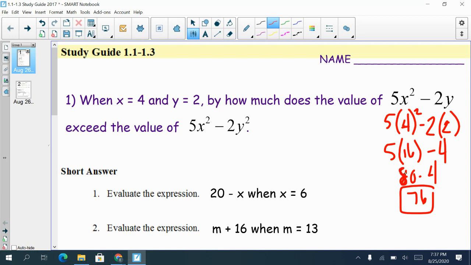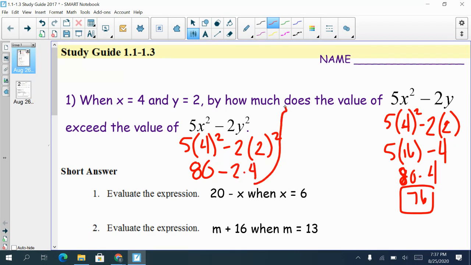All right, let's try this other one. If I plug in 5 times 4 squared minus 2 times 2 squared. So this is that same 80 from the other problem. Minus 2 squared is 4. 80 minus 8 gives me 72.